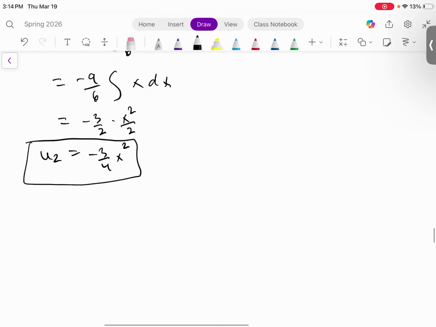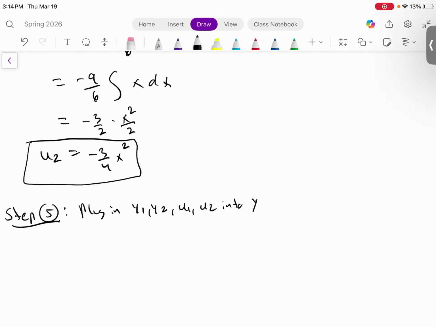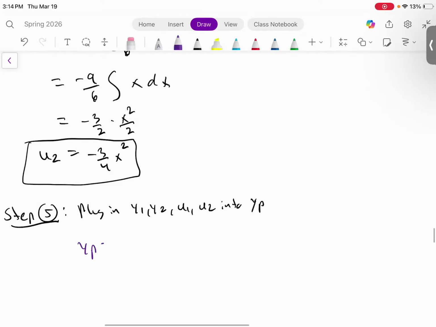So let's clean a couple things up. Let's say step 5. Step 5 is plug in all of our solutions, y1, y2, u1, u2 into our particular solution. So remember, our particular solution always is u1 y1 plus u2 y2.